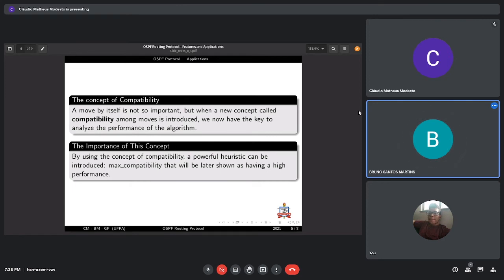So what exactly is compatibility? Well, it feels kind of frustrating to explain in a short interval of time what compatibility really is. Well, the authors do this job for us, so you should really read the paper.